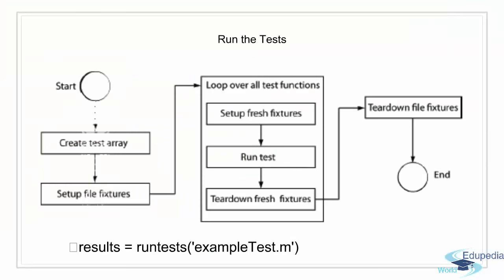Now when you run the test, this is how the flow happens. You start the test using the runtests method, and it begins by creating a test array of all the local functions.